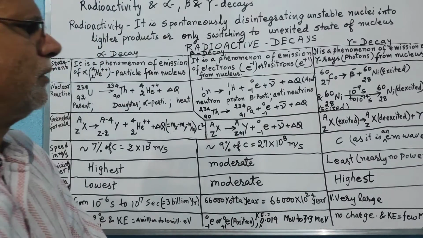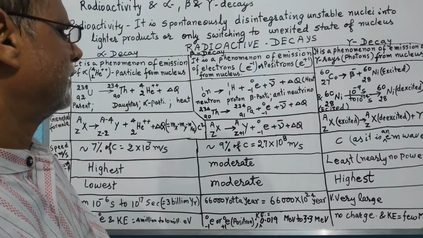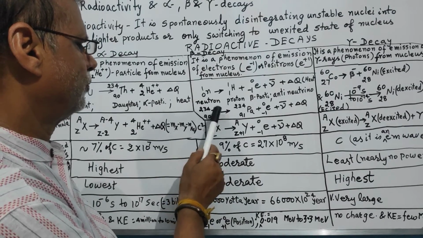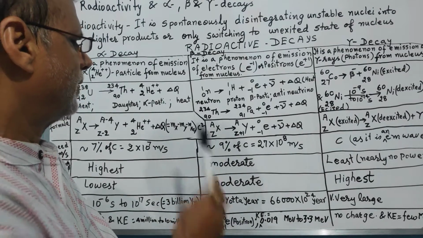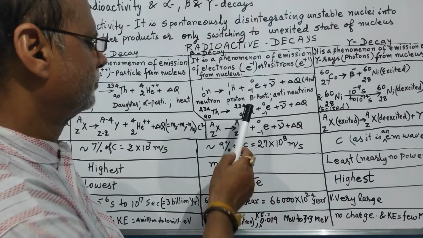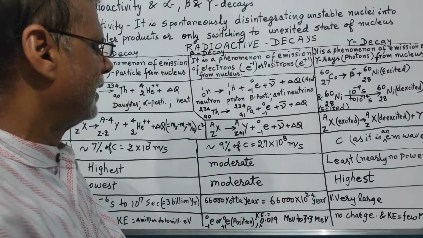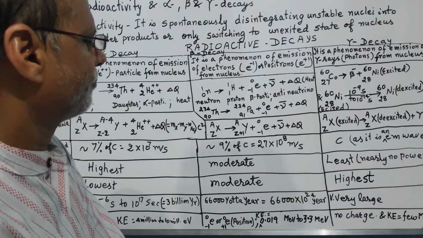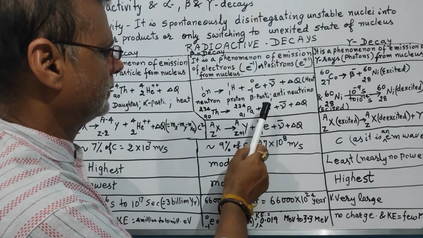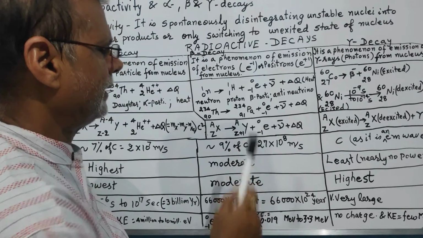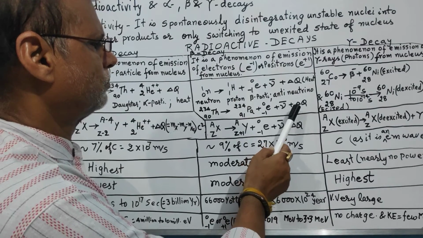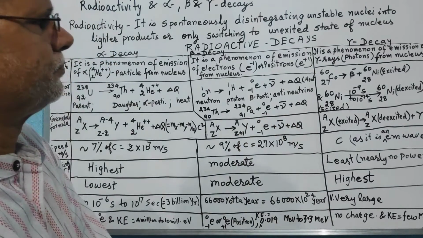Some heat is also generated in this case. An example is thorium-234 with atomic number 90 converting into Pa-234 with atomic number 91, plus one electron is radiated. Here the minus sign indicates it is an electron, and antineutrino, plus some heat is released.